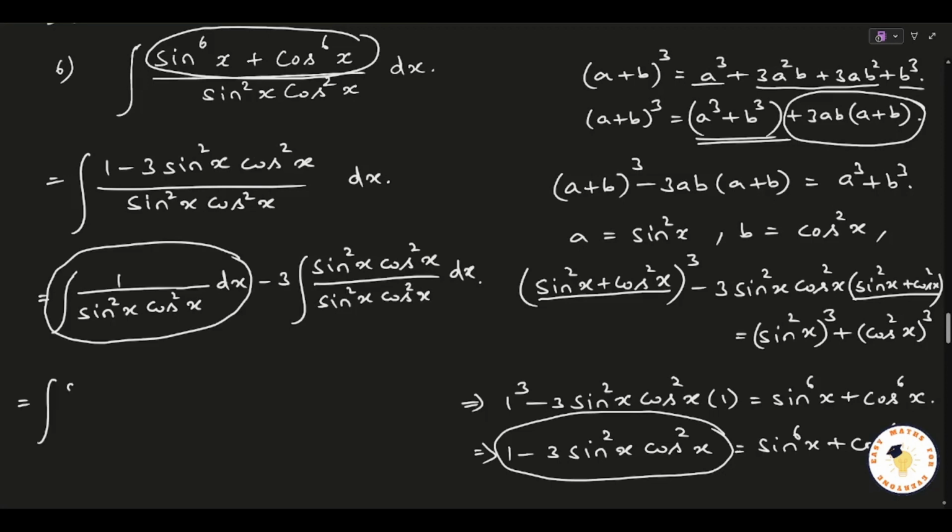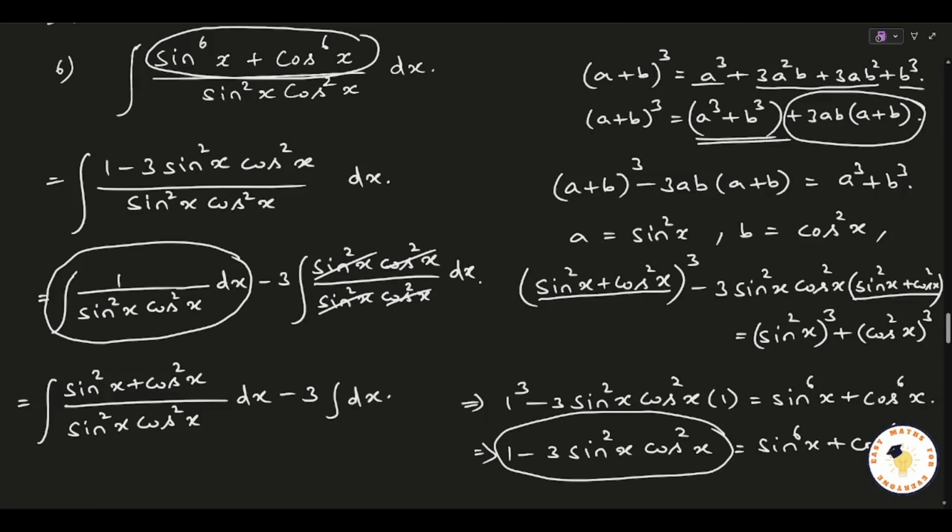This 1 should be replaced with sin square x plus cos square x divided by sin square x into cos square x dx minus 3. Here we can cancel sin square x and cos square x. We are just left with dx.